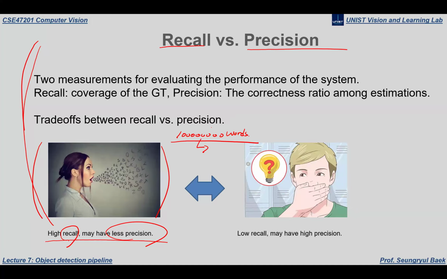Among the words she said, this may cover some issues of that day, but some may be true and some not true. So she covers all issues of that day, but many will be false.